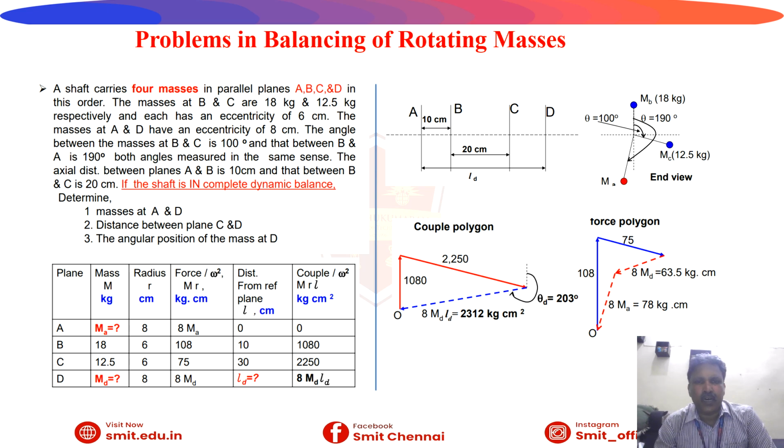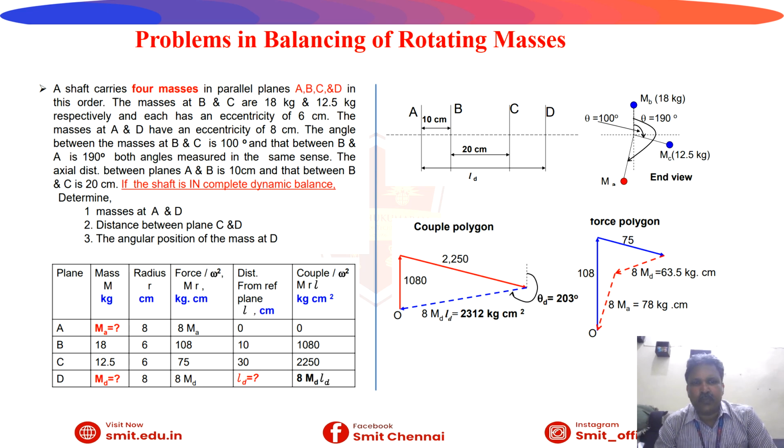Masses at B and C are 18 kg and 12.5 kg respectively. Each has an eccentricity of 6 centimeter. The masses at A and D have an eccentricity of 8 centimeter. The angle between the masses at B and C is 100 degrees and that between B and A is 190 degrees. Both angles are measured in the same sense.